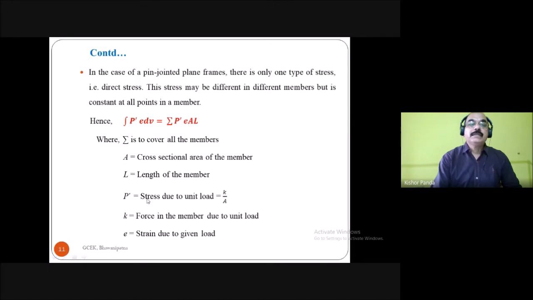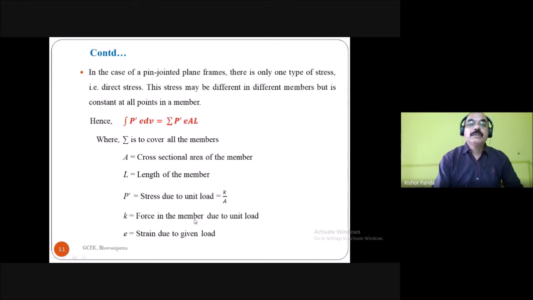P dash is the stress due to unit load, and this you can find out as small k by A, where k is the force in the member due to unit load, and E is the strain due to given load. So E is your strain due to given load, and P dash is the stress due to unit load.